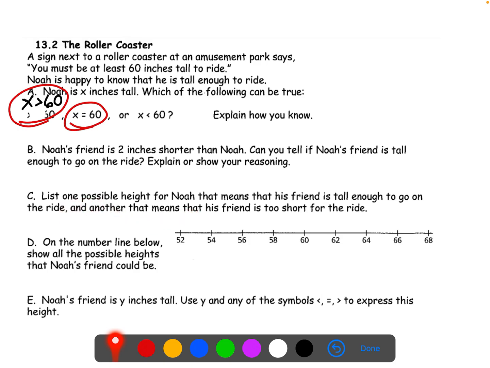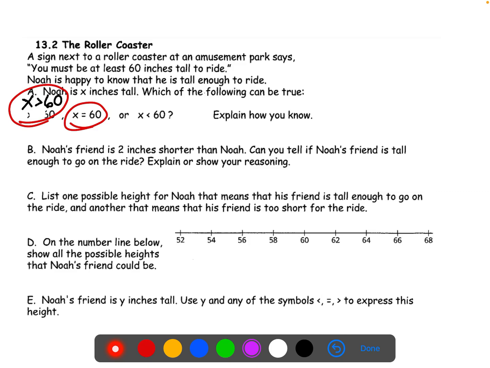List one possible height for Noah that means that his friend is tall enough to go on the ride, and another that means his friend is too short to go on the ride. So going back to what we just talked about, if his friend has to be 60 inches in order to ride, then Noah would need to be at least 2 inches taller than his friend.